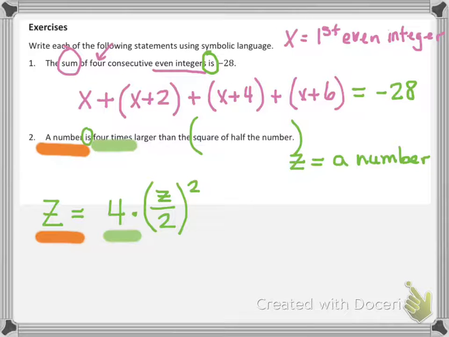And the something is the square of half the number. Half the number is here, and then you can see that we have the square there. So z equals 4 times the quantity z divided by 2, squared.